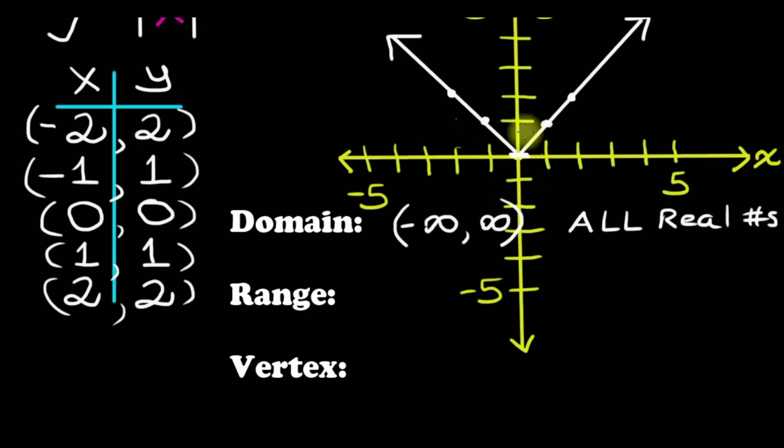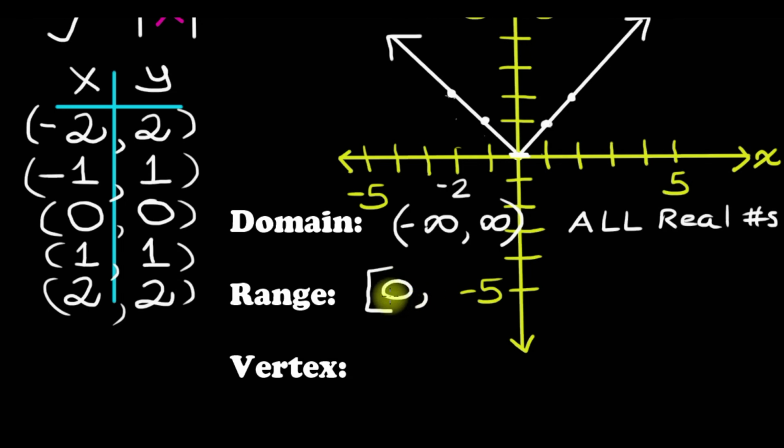The graph of this absolute value is all the numbers that are above 0. Your range is not going to come out negative, because when you take the absolute value of a negative number, like -2 here, for example, you get a positive number. So your range is going to start at 0.